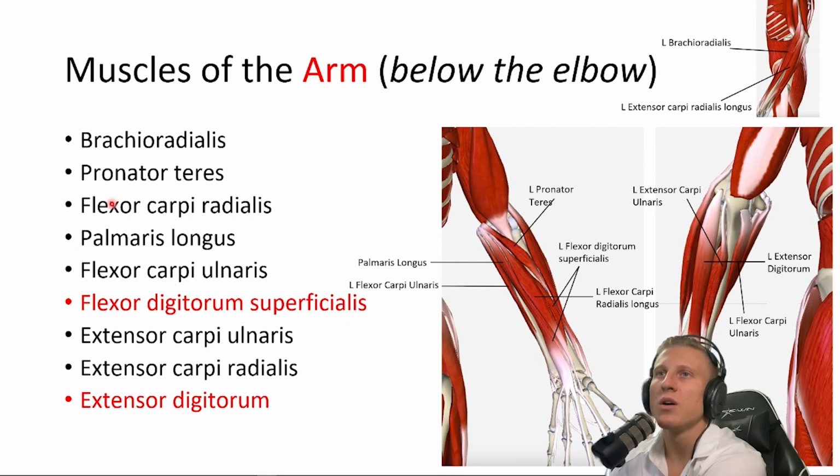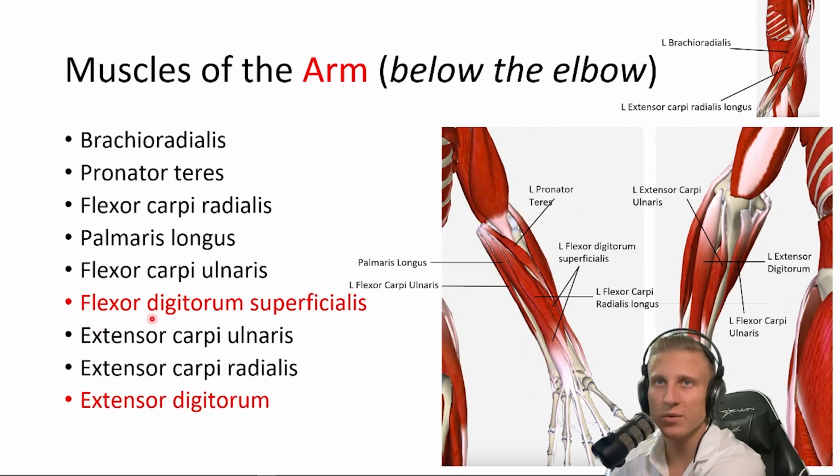Flexor carpi ulnaris, we're going to be looking over here because we're looking on the flexor side, and then obviously your radius is this bone over here. Your ulna is the more medial one in anatomical position, so we should know intuitively to look on that side of the body. And so the flexor carpi ulnaris is running right along the edge of the ulna.